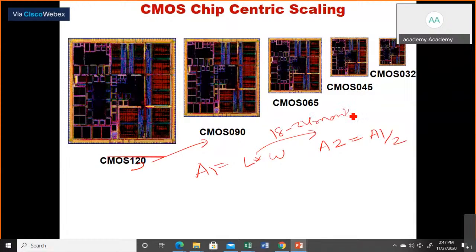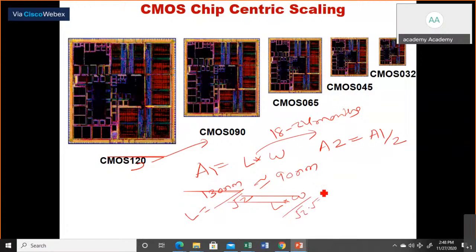If we take the 130 nanometer technology and scale the length by root 2, we approximately get 90 nanometer. Similarly, if the width is also reduced in the same fashion, L times W divided by root 2 and root 2 means the area goes down by 2. That's why these things are there in an integrated circuit.